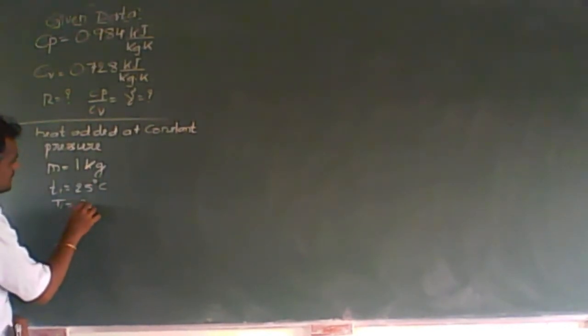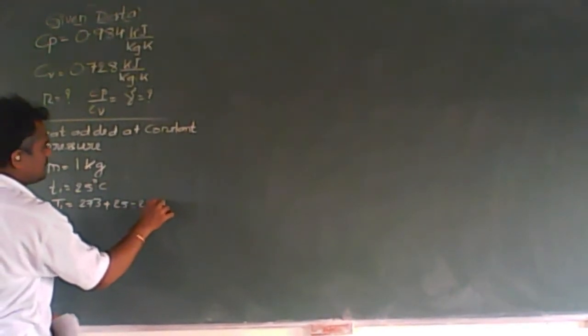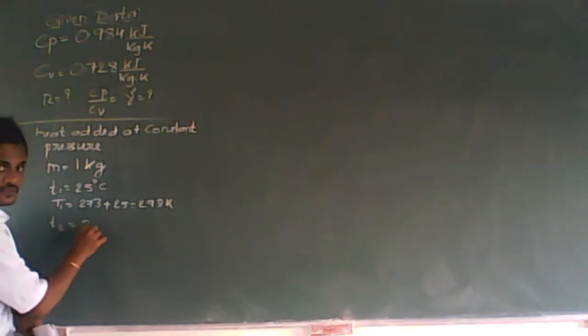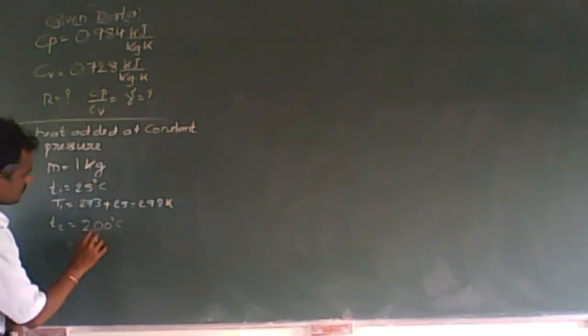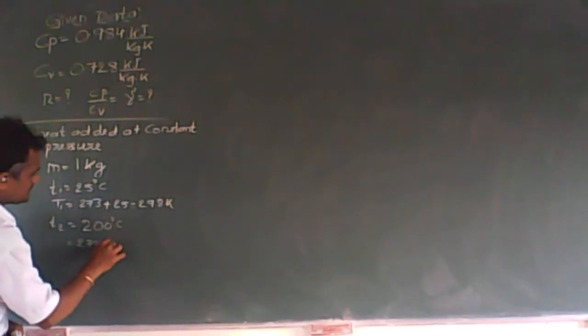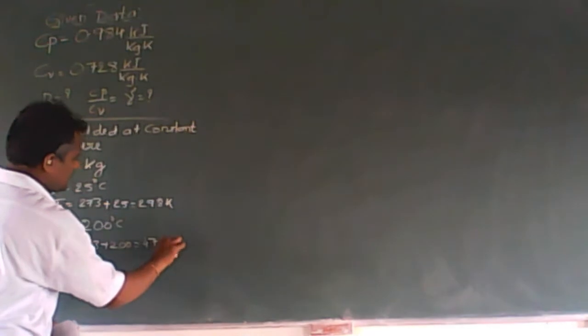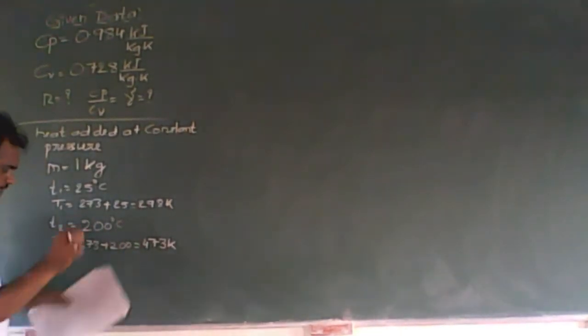I can write it as T1 equals 273 plus 25, which is 298 Kelvin, and T2 is reached at 200 degrees Celsius, meaning 273 plus 200 equals 473 Kelvin. I can take it as T2.